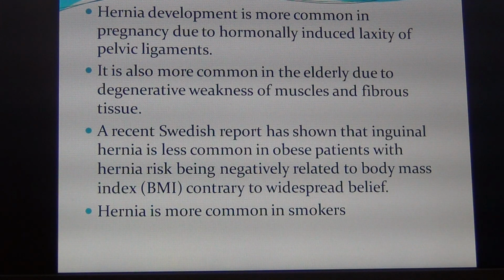So this report shows that whenever the patient is obese, the risk of hernia is decreasing. This is a recent study, and hernia is more common in smokers.